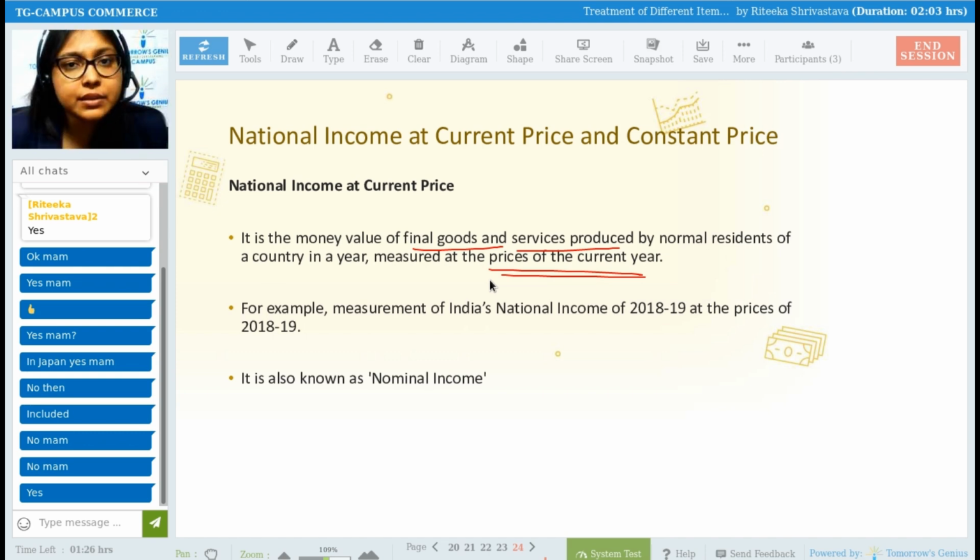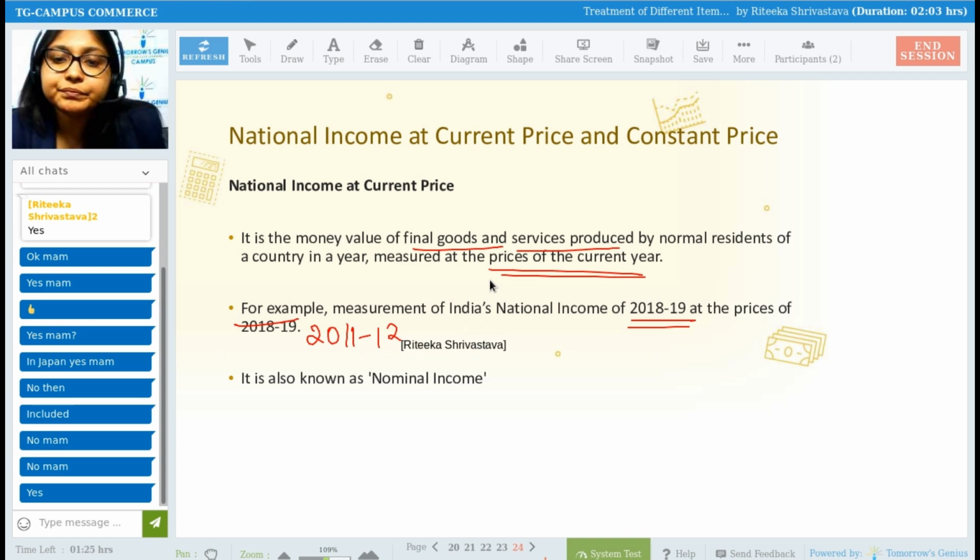Here, the prices of all the goods and services are considered on the basis of the current year. For example, measurement of India's national income of 2018-19 at the prices of 2011-12. There is a printing mistake over here.